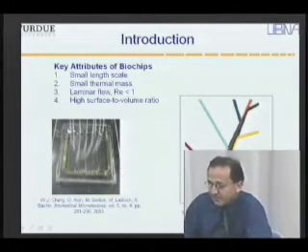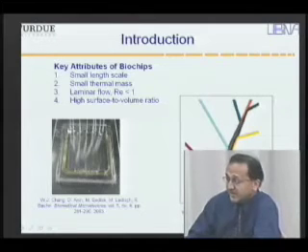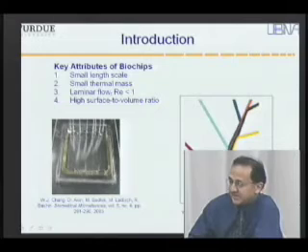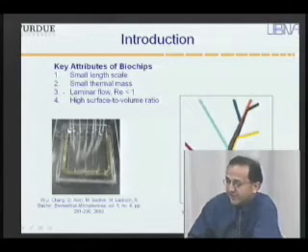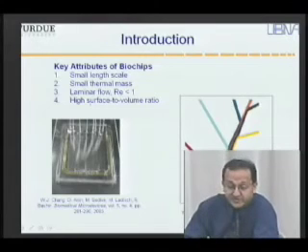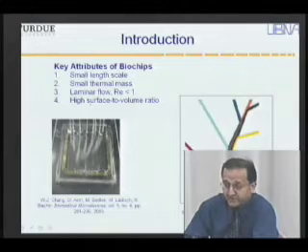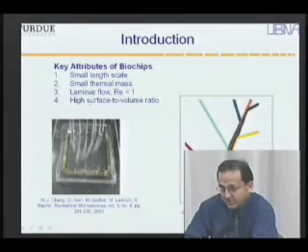Usually it happens only by diffusion, because the Reynolds number is less than 1 and you really get laminar flow. And the last attribute of biochips is that they have a high surface area to volume ratio. So if you are talking about attaching proteins to surfaces and trying to minimize the volume in which that's happening, then biochips would be very, very useful.